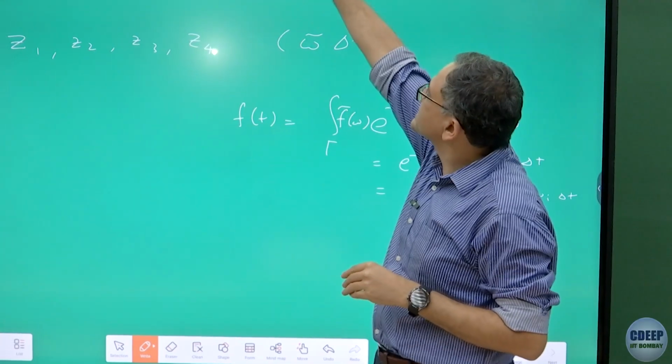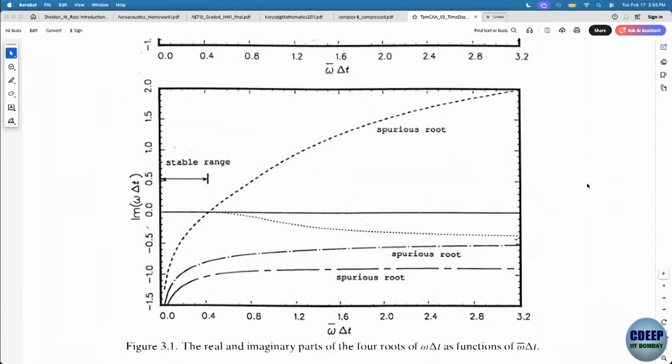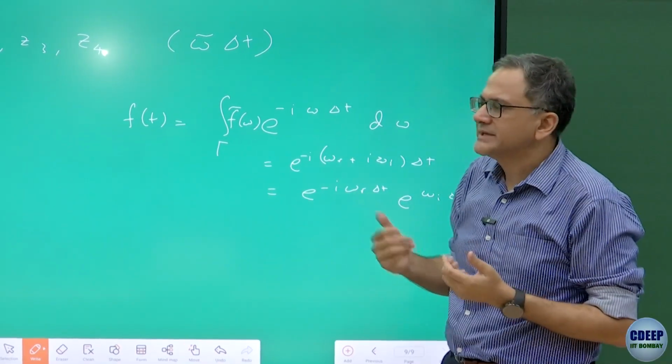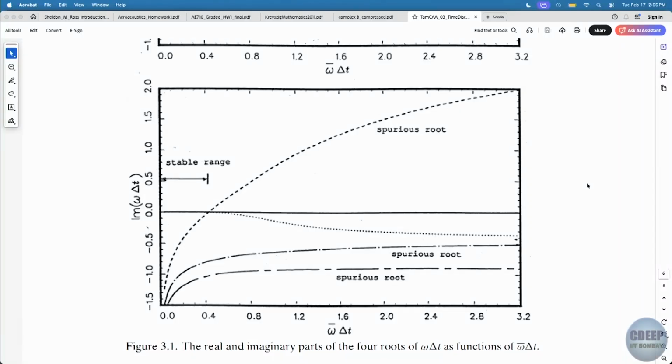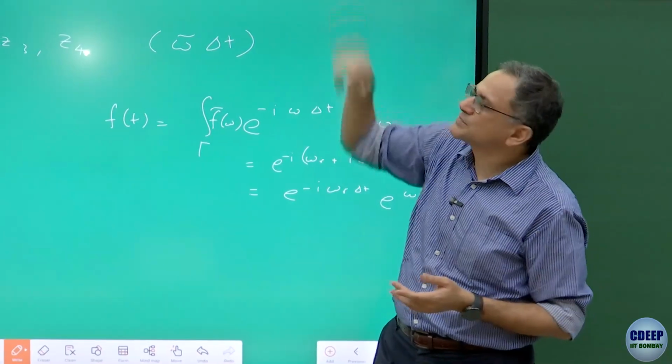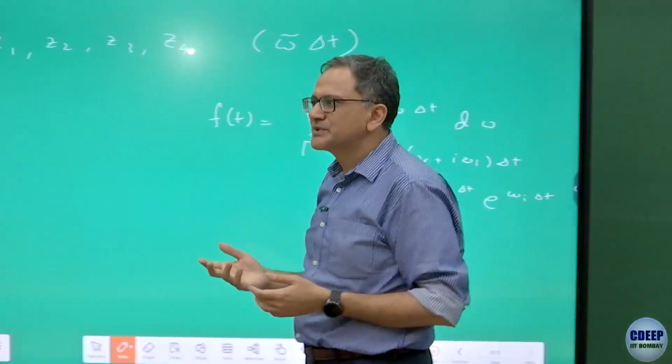If you choose your omega bar delta t to be too large, that is, you choose your delta t to be too large for the frequencies that are there in your solution, which you don't know beforehand, but you should have a sense of that, then you will end up with those high frequency problems that make your solution diverge. Otherwise, your optimization will be very bad. So that's the optimal solution, and the others are what are marked as the spurious roots. So there are these spurious roots.